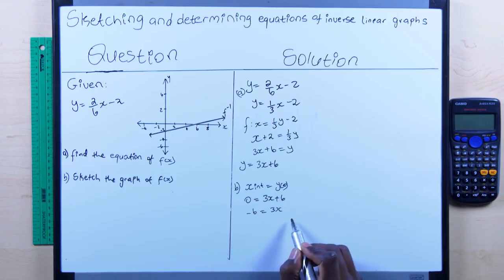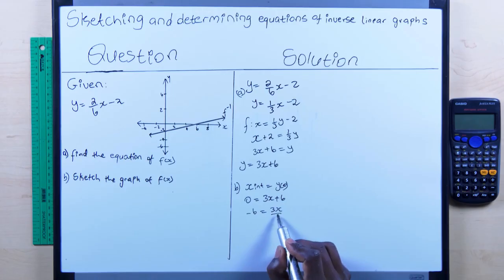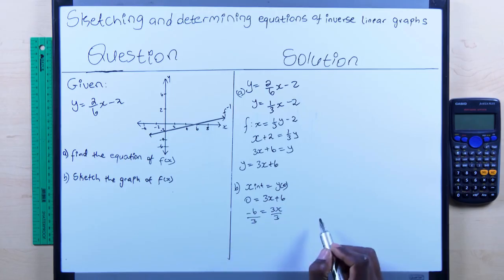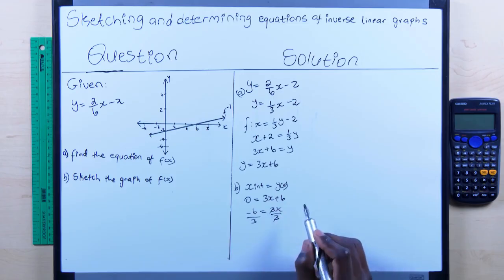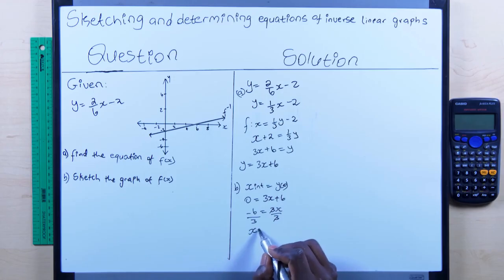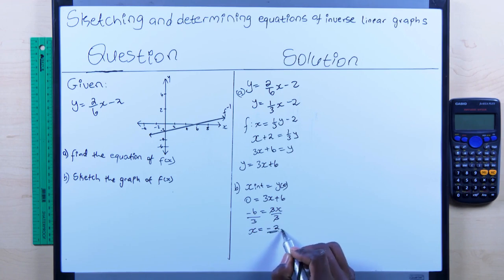You want x as the subject of the formula. Divide by 3 on both sides. 3 divided by 3 is 1, 1 times x is x. So the value for the x-intercept is x equals minus 2. Go back to this equation.